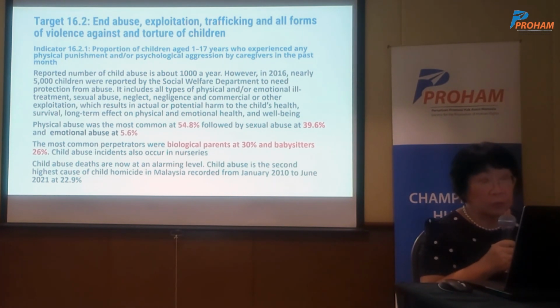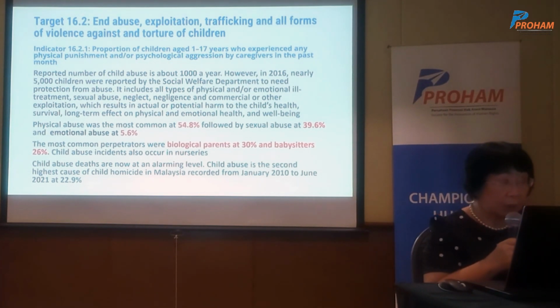In 2016 alone, nearly 5,000 children were reported by the Social Welfare Department to need protection from abuse. It includes all types of physical or emotional ill treatment, sexual abuse, negligence, commercial or other exploitation, which results in actual or potential harm to the child's health, survival, and long-term physical and emotional health and well-being.